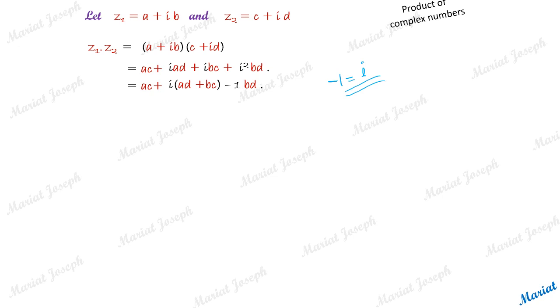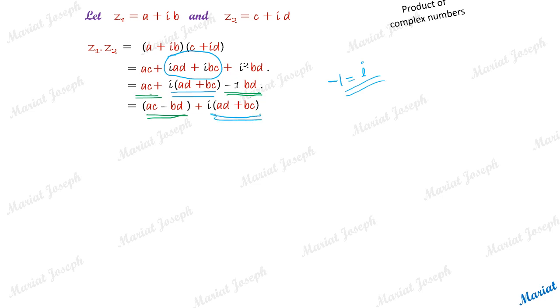Now you notice that in this fourth term there is no i, because of which we can join these two together as real part. Whereas the middle two terms had i in it, that i is being taken common, this will be the imaginary part. So bring together that real part and real part, ac - bd, and then write the imaginary part taking i common. This is it.